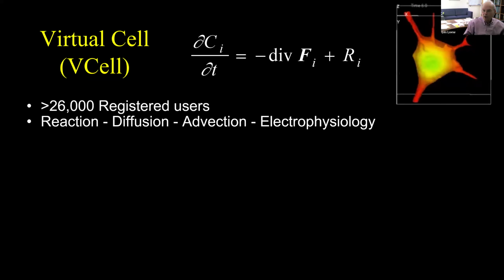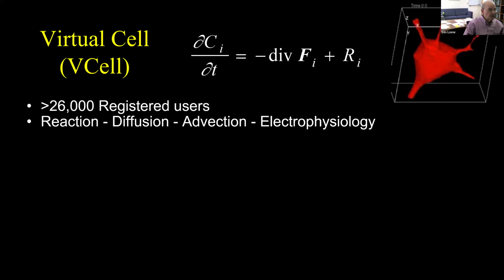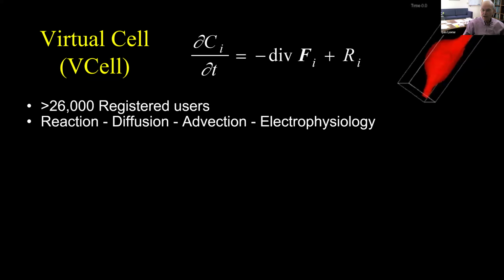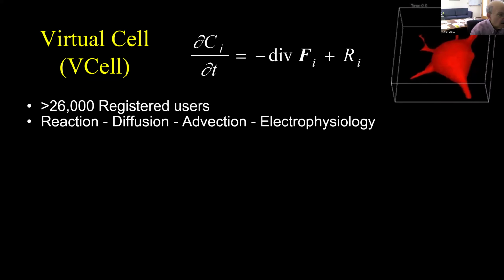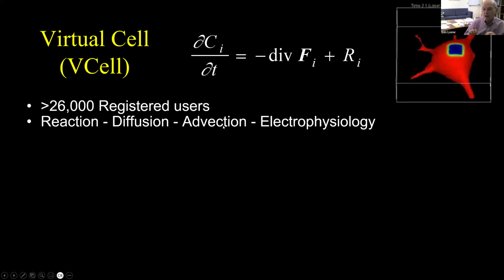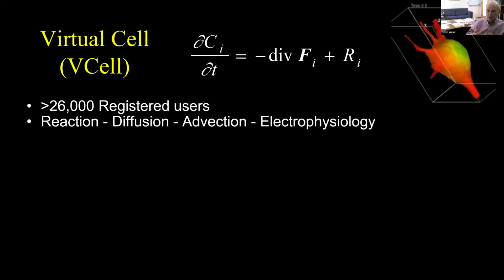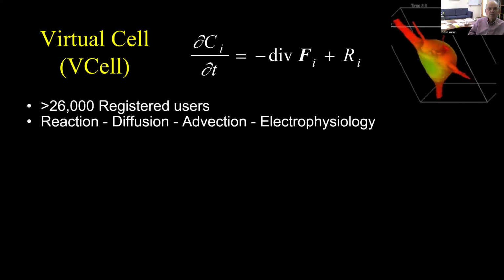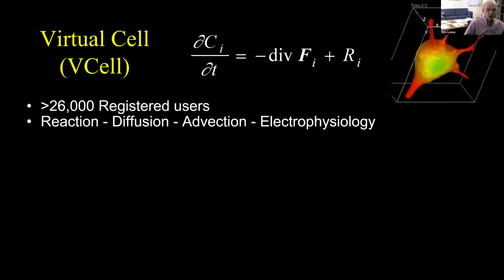You can formulate your problems in any combination of those kinds of physics. I didn't mention advection. By advection, we mean flow. If there's actually a directed flow of molecules in the system, instead of just diffusion, Virtual Cell can be used to handle that kind of system as well.